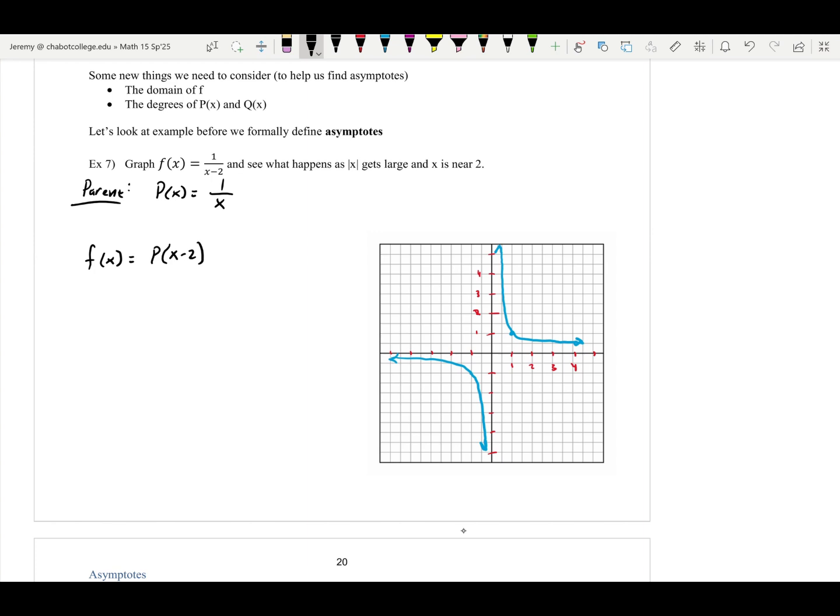Okay, so I'll say since f of x is equal to p of x minus 2, we can obtain the graph of f by shifting the graph of p two units to the right.